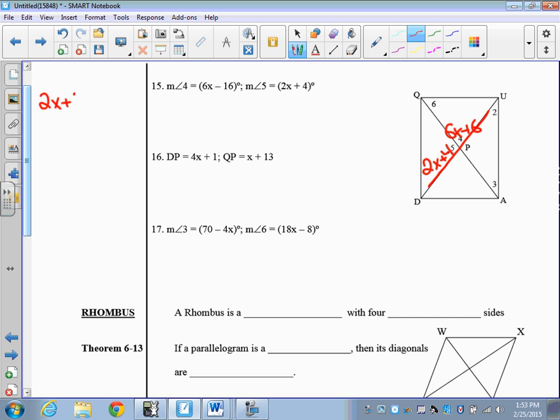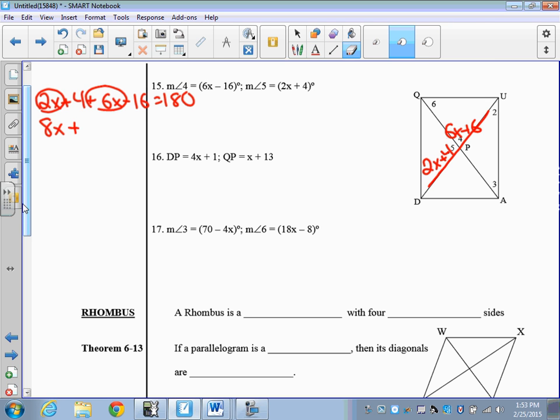So 2x plus 4 plus 6x minus 16 is equal to 180. When we combine like terms, 8x. So this is a minus 16 here. We have minus 16 plus 4, so that's going to be minus 12 is equal to 180.